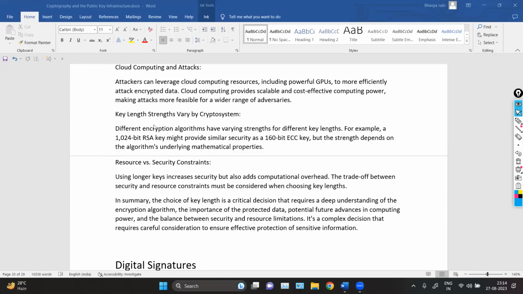The size of the RSA key is larger than the size of the ECC key, but they are basically providing the same security level, because the strength depends on the algorithm's underlying mathematical properties. That is, what kind of mathematical formulas they are using for encrypting, which means the method or technique they are using.